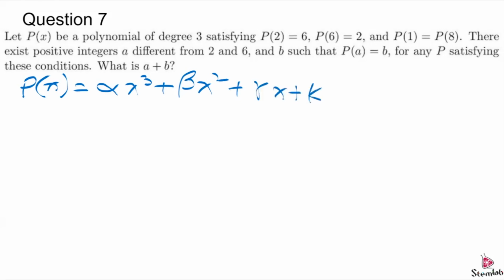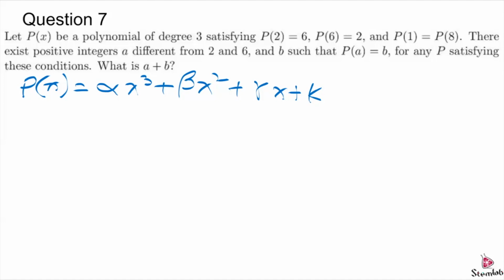I tried plugging in p of 2 and equated that to 6, plugging in p of 6 and equated that to 2, and also did p of 1 equal p of 8. Didn't really get anywhere meaningful, at least at first try. It might still be possible, I don't know. Halfway through it got a little bit too messy, so I decided to abandon it.